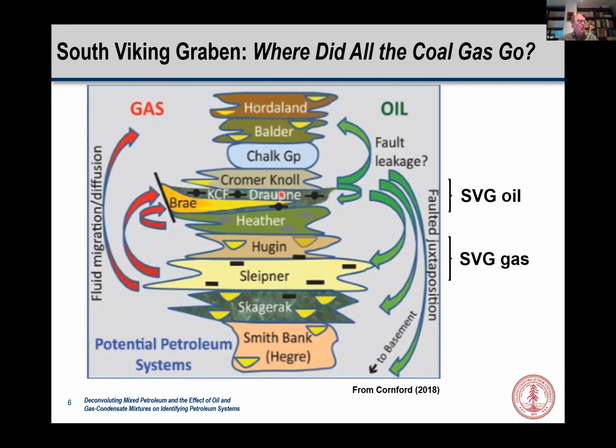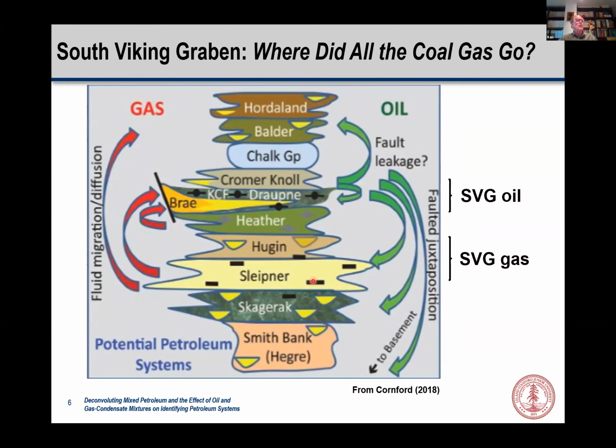However, if you look at geochemical logs from this area, you're going to see that there is also some pretty good source rock down here in the Sleipner and Huygens formations. This source rock has terrigenous influence. It's older, sort of Lower to Middle Jurassic, and it's going to make gas and gas condensate. And these are mixing in the South Viking Graben.